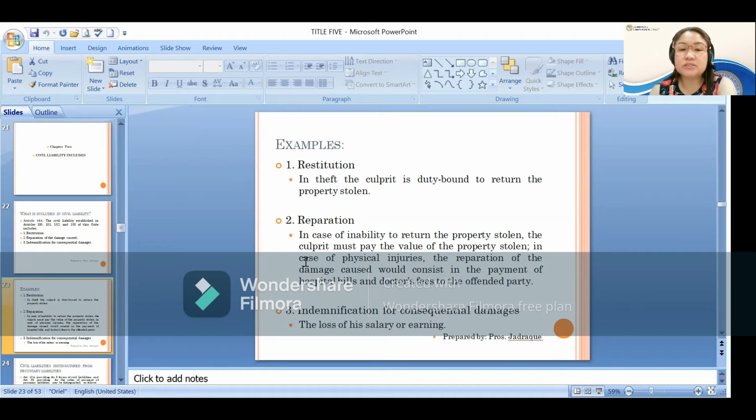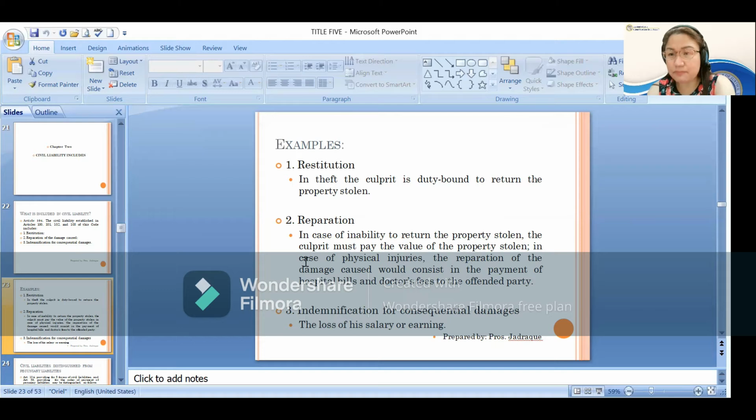And in cases of physical injuries, the reparation of the damage caused would consist in the payment of hospital bills, the doctor's fees to the offended party. And the last one would be indemnification for consequential damages.